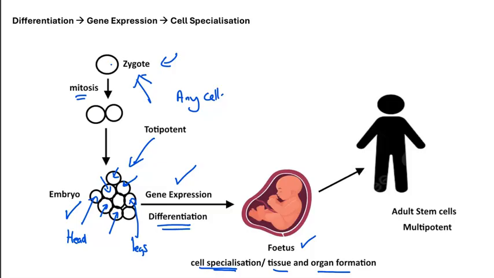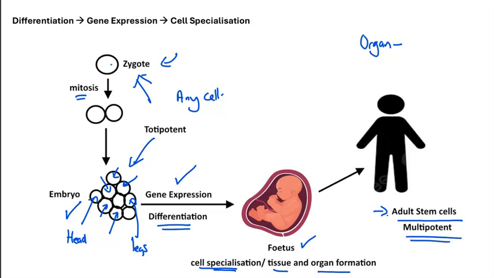Now, as we move forward from the fetal stage into the adult stage, it has been discovered that within adult organ systems, there are retained what we would call adult stem cells. These are called multipotent.